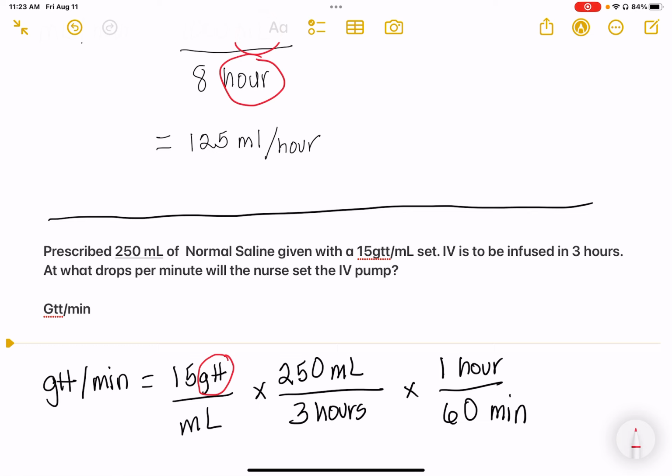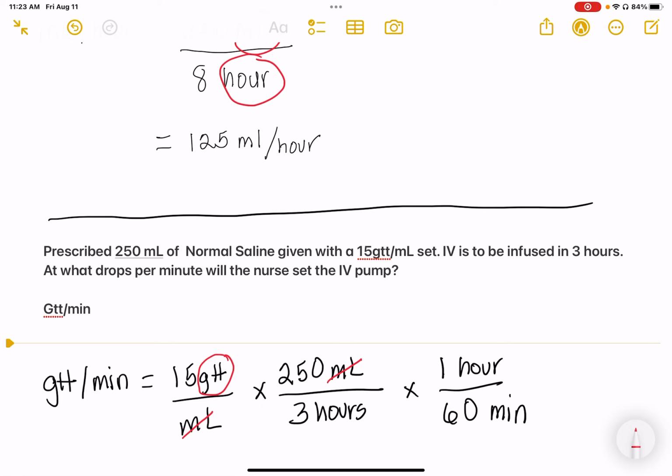But we have milliliter and we don't want that. We're looking for minutes. We're looking for that time. So we see in the problem we do have 250 milliliters, and that's to be infused in 3 hours. So you write that next, and then you can actually get rid of the milliliters. But now we have hours.